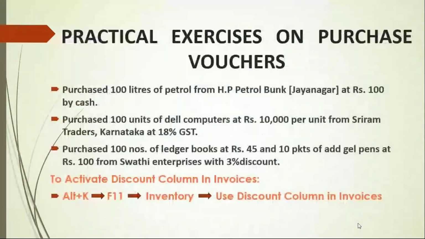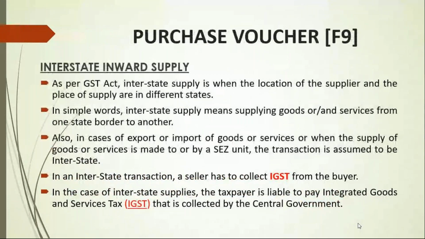Now, if we talk about the interstate inward supply, here what is the situation? As per the GST, interstate supply is when the location of the supplier and place of supply are in different states, which means two or more different states.